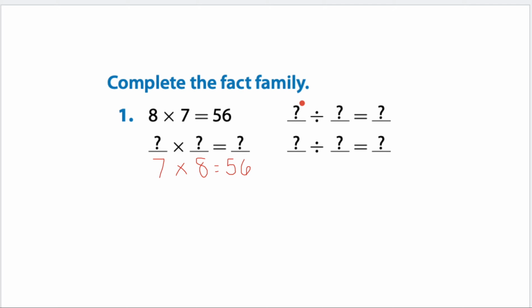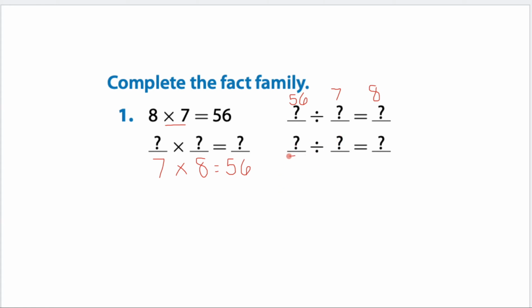If we wanted to write a related division problem, we would start with our total, 56. Notice in this problem, we multiplied by 7. The inverse of multiplication is division. So we would divide by 7. 56 divided by 7 is 8.